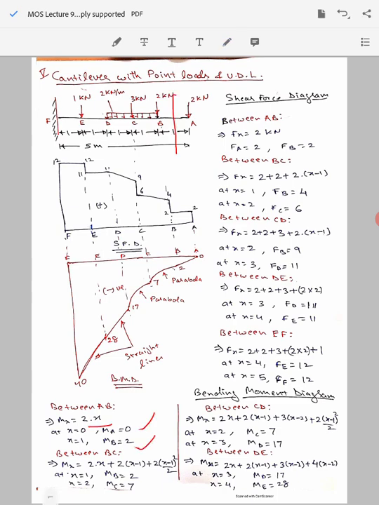Now we assume the beam to be cut somewhere between B and C. There are two point loads of 2 kilonewton each, and we need to multiply them with their corresponding distances. The first force, acting at point A, is at a distance x from the cut section, so there will be 2 into x appearing here. The other 2 kilonewton point load is acting at a distance of x minus 1 from this cut section.